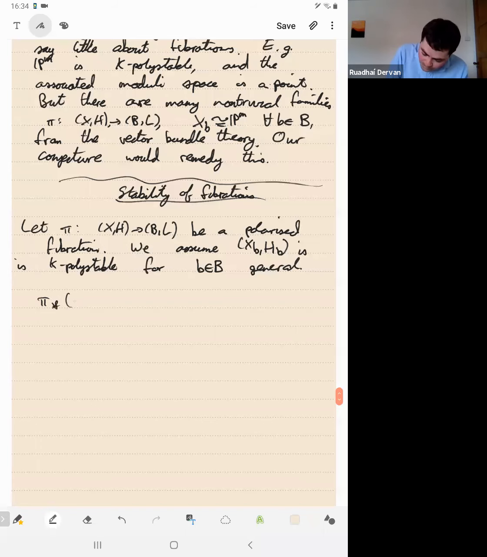Now the pushforward is the direct image of the kth tensor power of H, π_*(H^k).